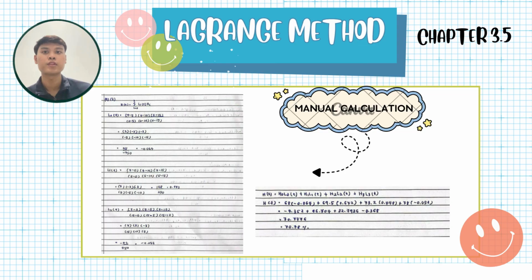Substituting t equal to 7 minutes into this polynomial gave an estimated humidity of 70.78%. Although the calculation procedure is different from the Newton method, the result is consistent. This shows that both methods are mathematically equivalent when applied to the same data set.